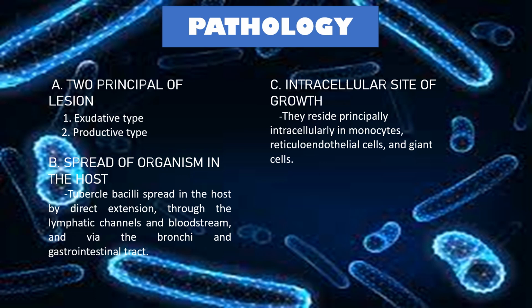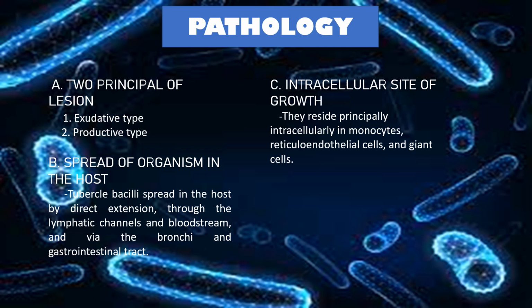While the productive type, when fully developed, is a chronic granulomatous lesion of three zones: a central area of large, multinucleated giant cells containing tubercle bacilli, a main zone of pale epithelioid cells, often arranged radially, and a peripheral zone of fibroblasts, lymphocytes, and monocytes.